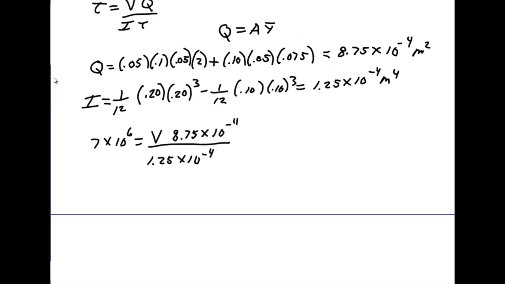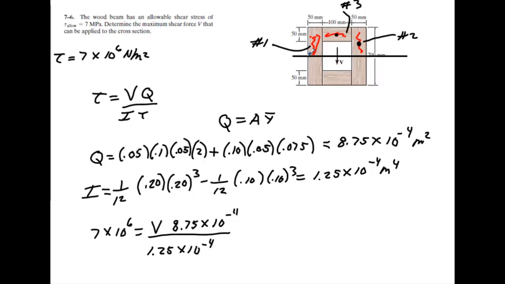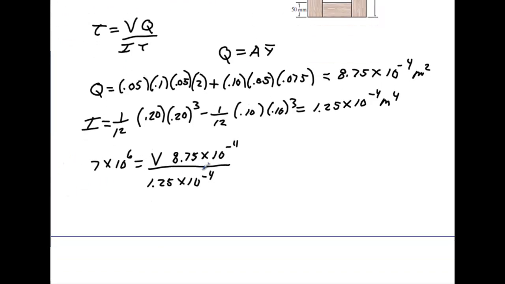Now, here's what you gotta be careful with: the thickness. The thickness is going to be the distance from here to here, and then from here to here, because that's the material thickness. So we got 50 here, 50 here, that's 100, so it would be 0.10 for the thickness. And now you're just going to move everything to the other side and solve for V, and when you do, you'll get 100 kilonewtons.